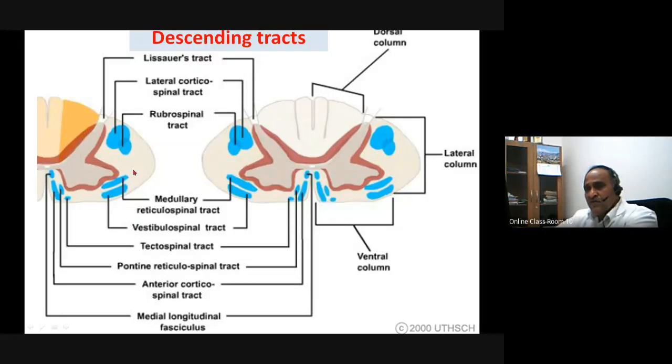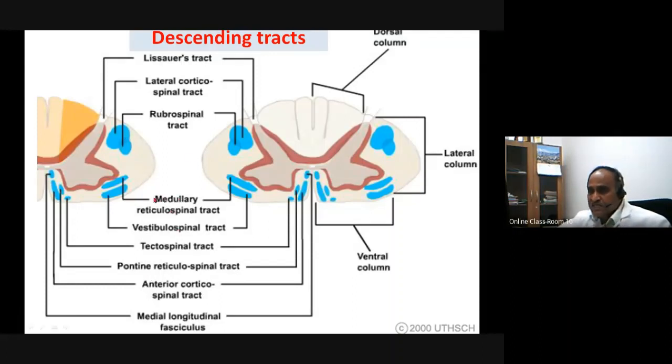Then we have the reticulospinal tract. This reticulospinal tract is coming from the medullary areas. It is divided into two components, one coming from the medulla and the other coming from the pontine and midbrain, the ponto-mesencephalic reticular system.